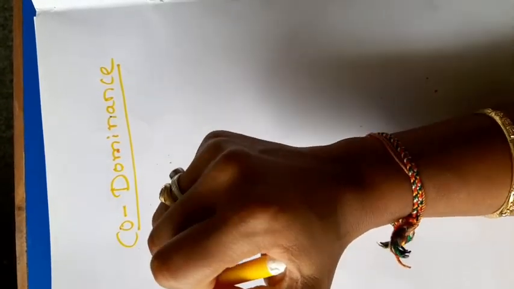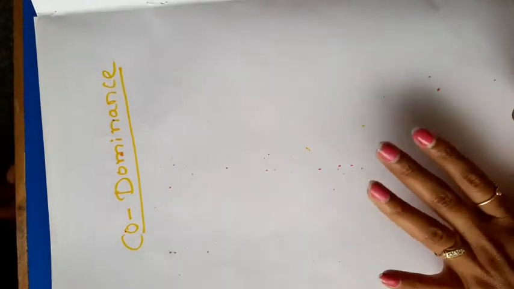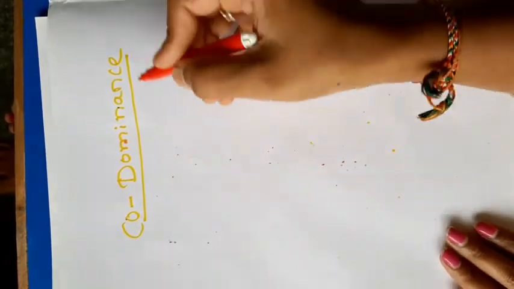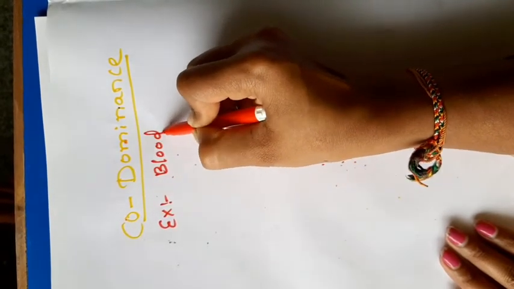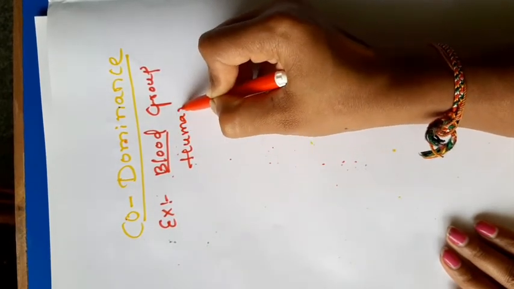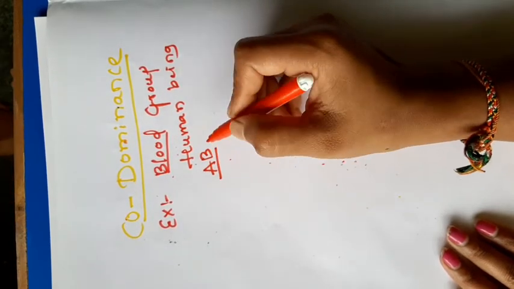In incomplete dominance, both dominant and recessive genes are expressed equally or partially, but co-dominance means both the genes are expressed equally, though there is a different condition here. An example of co-dominance is the ABO blood group in human beings.